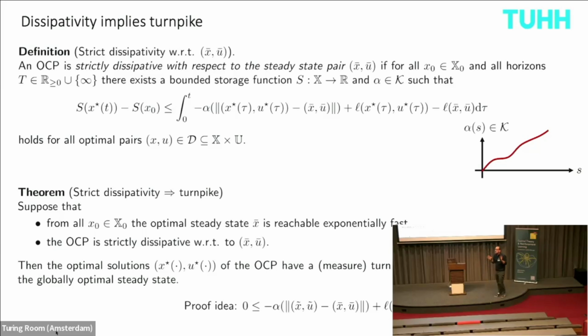It's a super simple proof. It's really a simple proof, and I just observe here I have the optimal performance, and here I have a lower bound, and then I use this term. But this term is absolutely crucial. Without that, it doesn't work.